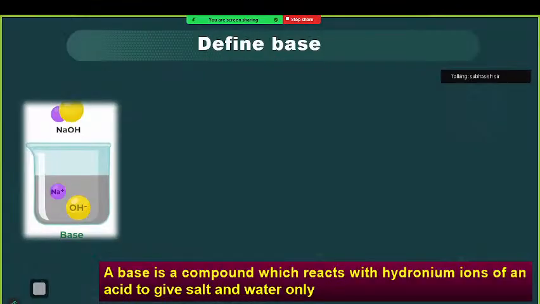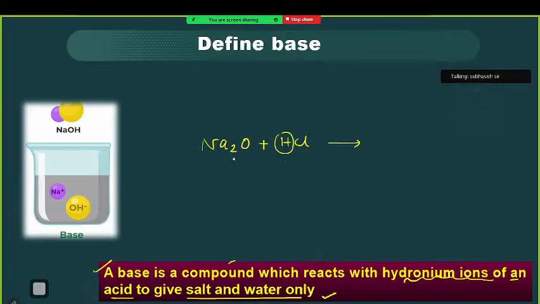Now, what is a base? A base is a compound which reacts with hydronium ions of an acid to give salt and water only. Suppose you consider Na2O, it is a base. When it reacts with HCl, which contains hydronium ion, it reacts with the hydronium ion with the formation of salt and water.